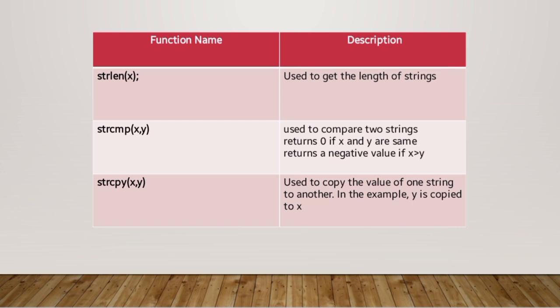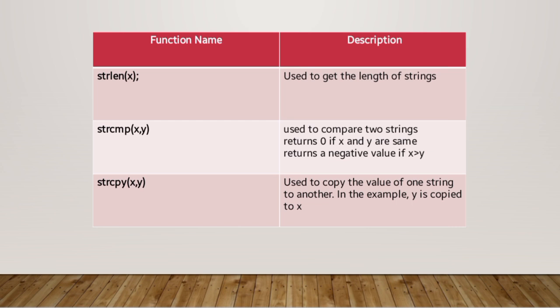But the string compare will always return a number to us. It's not what you expect, true or false as a Boolean result. No, what is actually going to be returned to us is a number, and we'll look at how that number is generated as we proceed further.